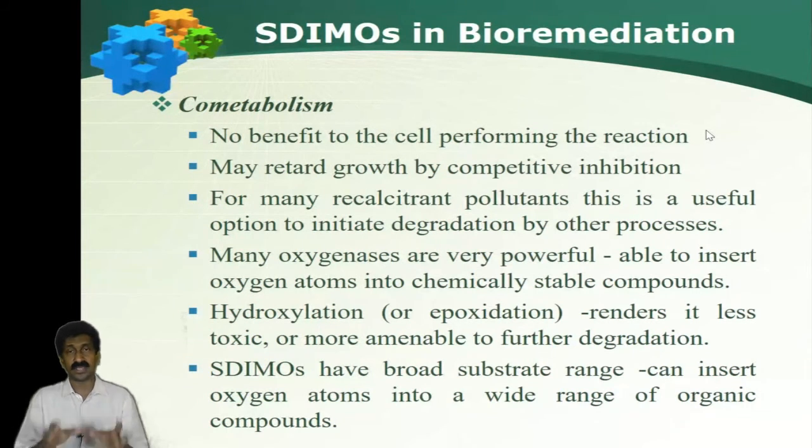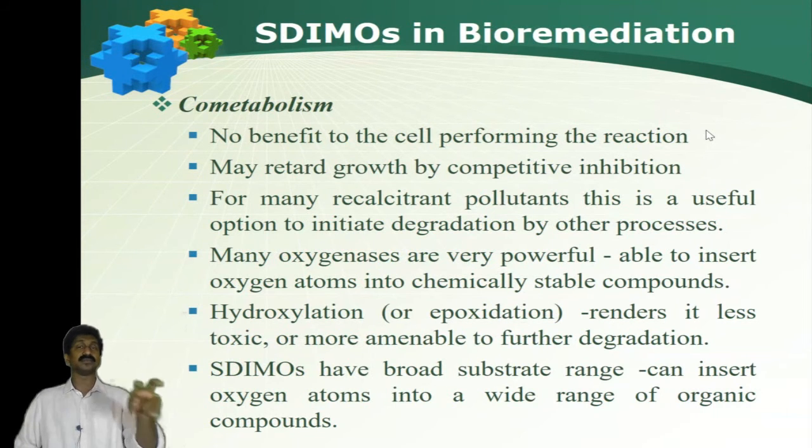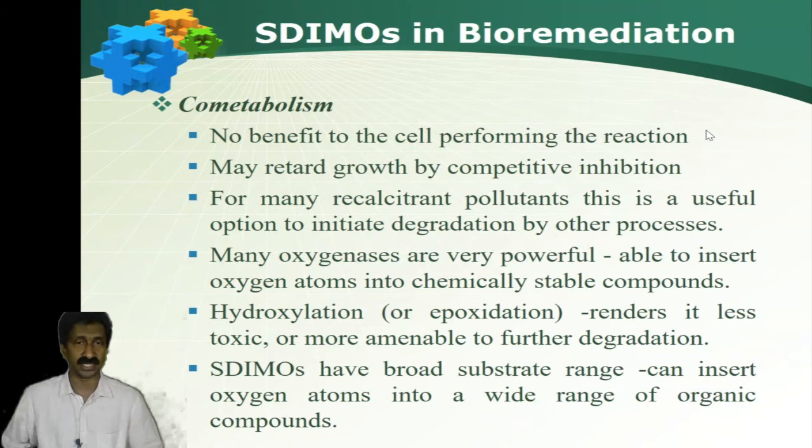So even though the initial organism is not getting energy, or not directly using it as a substrate, still it converts the compound, and many oxygenases are very powerful and able to insert oxygen atoms into chemically stable compounds. That's how these monooxygenases work at the initial stages.